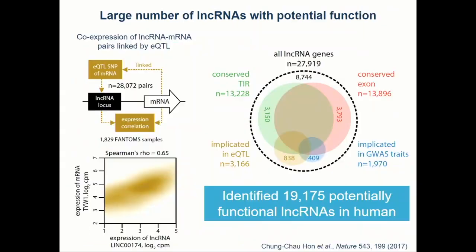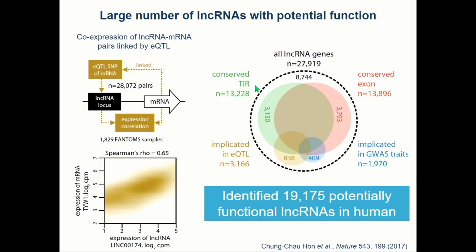I will just mention a little bit a summary of the possible function of the non-coding RNAs. We have been looking at eQTL and also at GWAS, and we have about 3,000 and 2,000 respectively. So those are non-coding RNAs that may be linked to some human disease. Of course, all of this has to be proven, but I think we have some more tools now to test that. Also, we've been analyzing conservation.